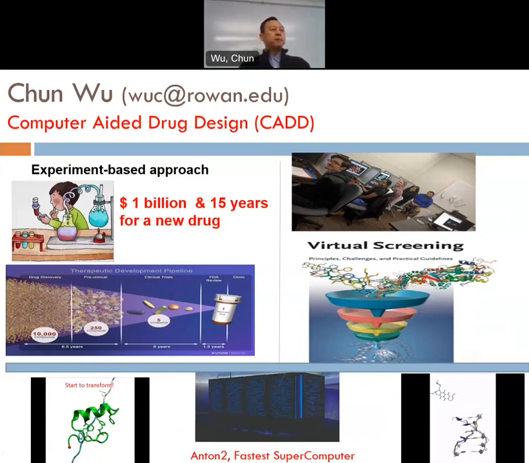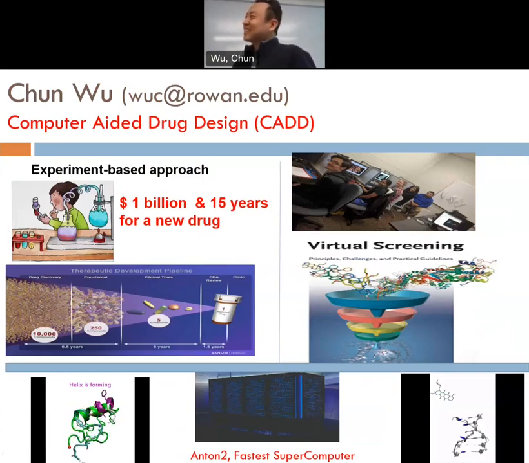Besides structure-based virtual screening, in my lab we have some special tools, which are molecular dynamics simulations. What is molecular dynamics simulation? Here I show you what we're doing. We use a physical model to simulate the biophysical process of biomolecules.